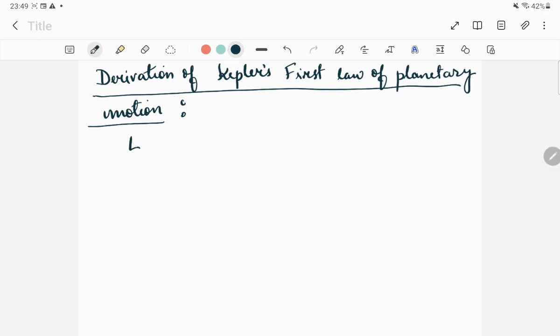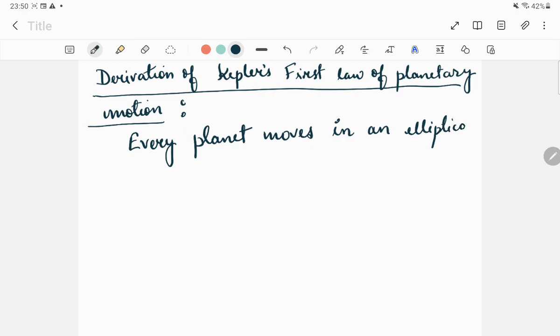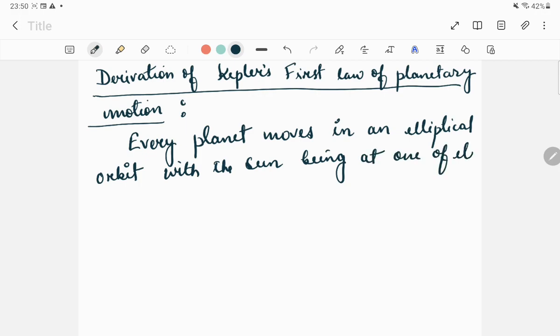It states that every planet moves in an elliptical orbit with the sun being at one of its foci.